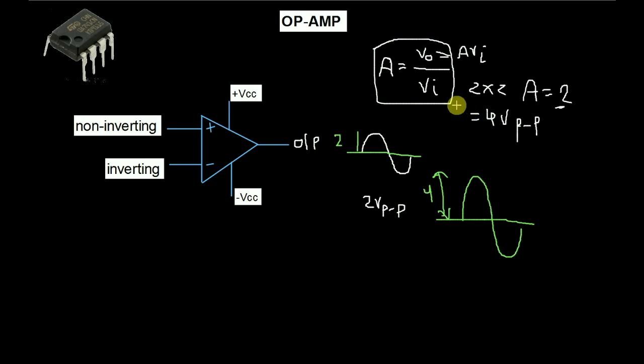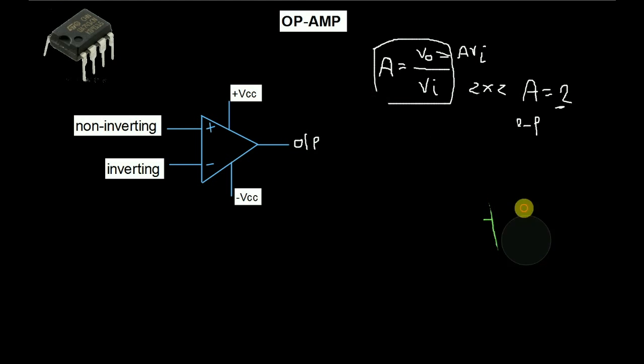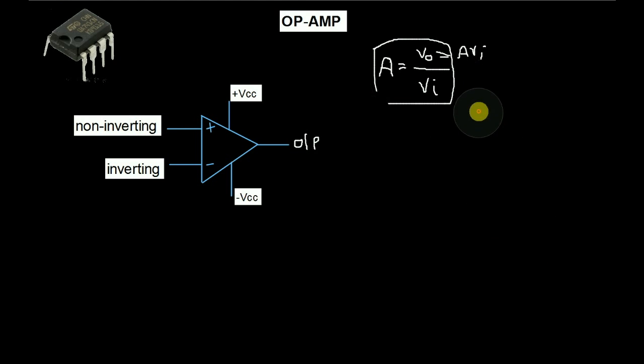Now we'll see why we call the positive input non-inverting and the negative input inverting. We call the positive input a non-inverting input because whatever signal the non-inverting input takes, the output will not shift or invert.